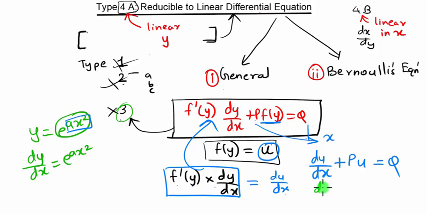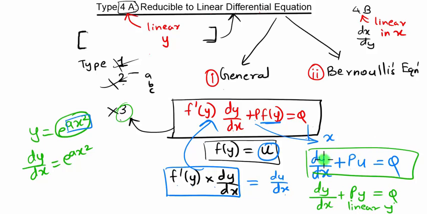In type 3 we saw the equation is dy by dx plus p into y equal to q, where p and q are functions of x. That was linear in y, so this equation is linear in u. You can draw the analogy between these two.